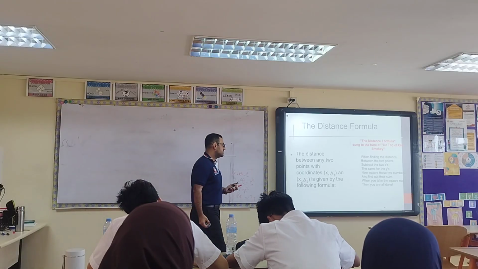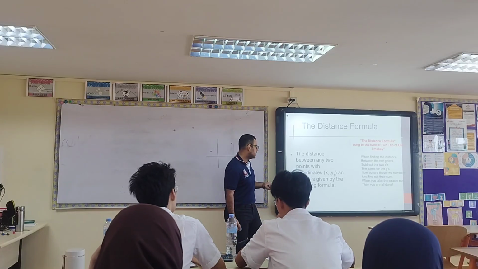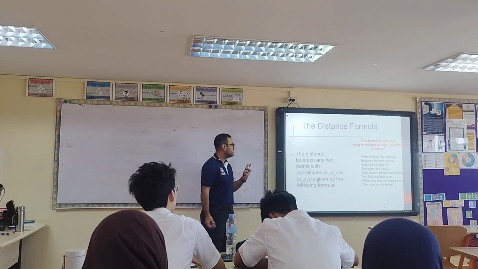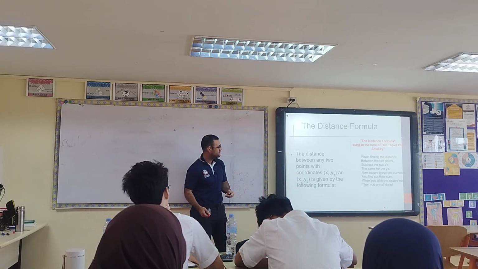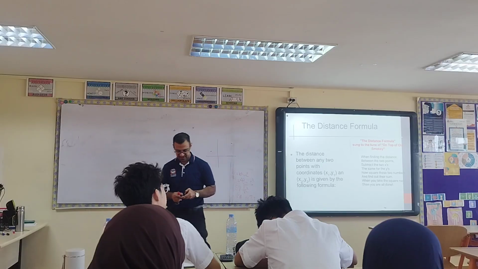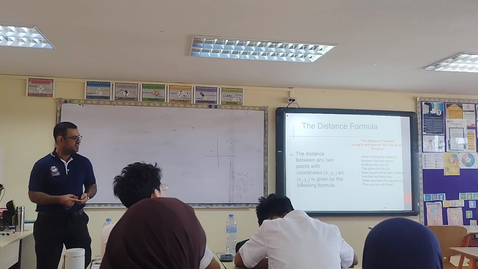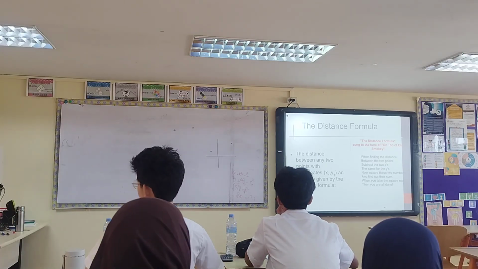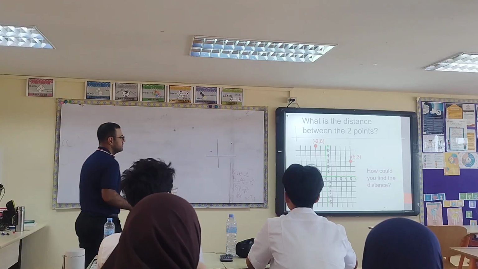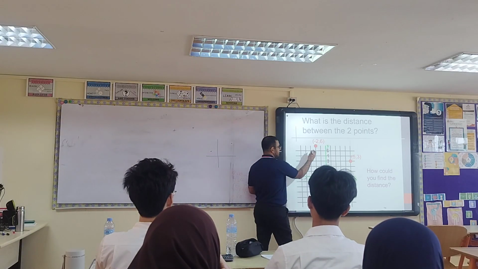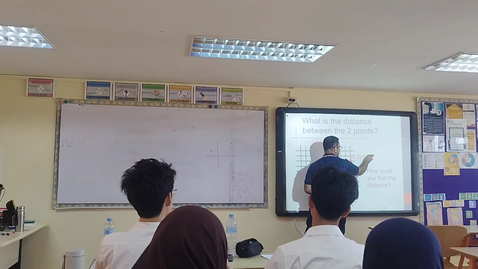So the distance between any 2 points, x1, y1 and x2, y2, is given by the following formula. Now if I go back to this one, instead of numbers, let's call them x1, y1 and x2, y2.